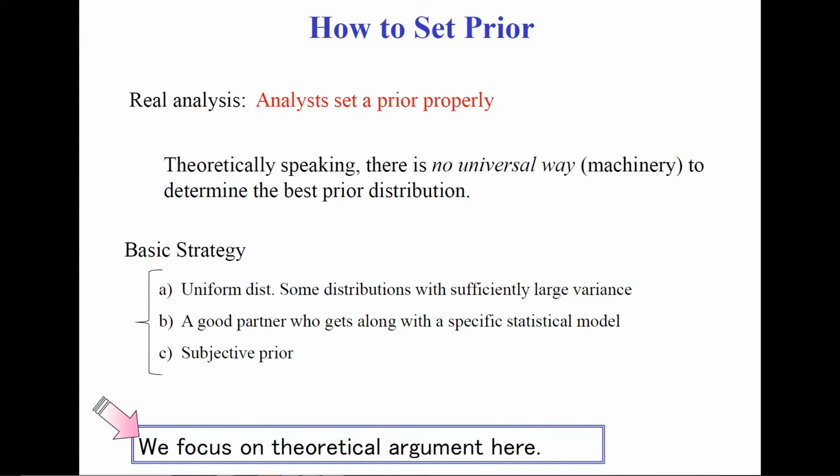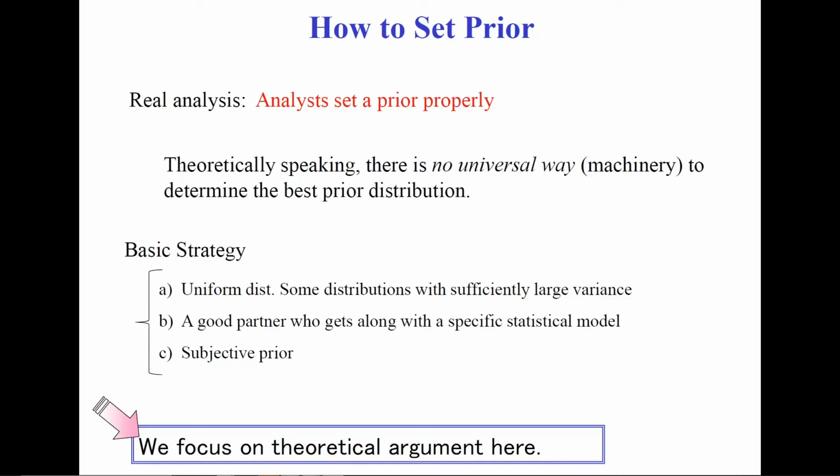But we have basic strategies for real actual data analysis. The first one, we often use a uniform distribution over the parameter space. And we often use distributions like normal distribution with sufficiently large variance. This is the first one.